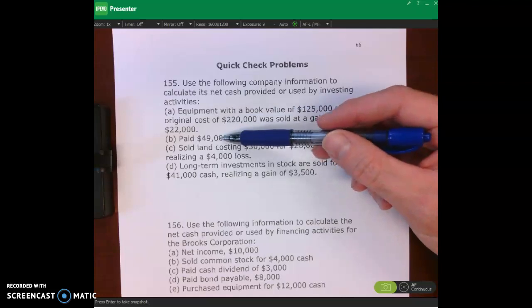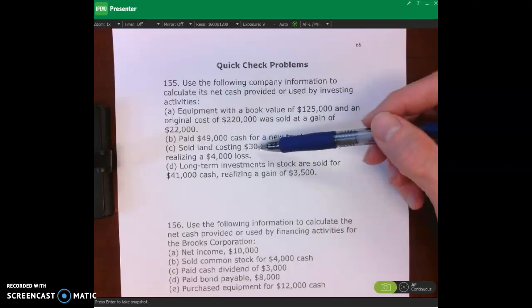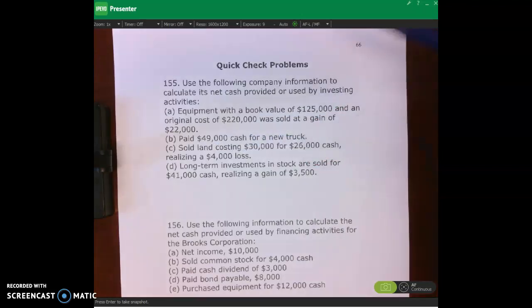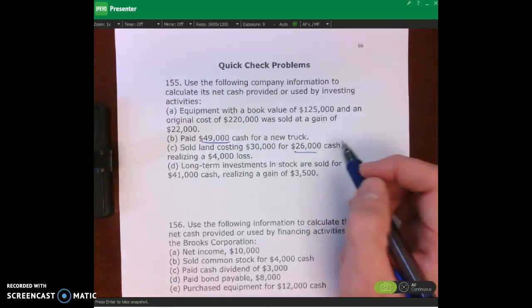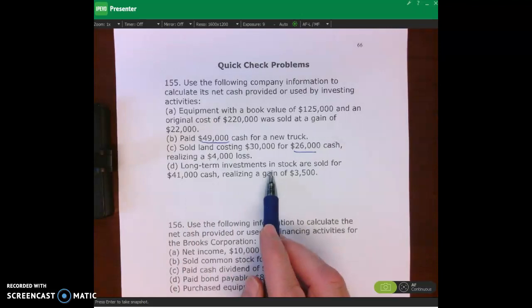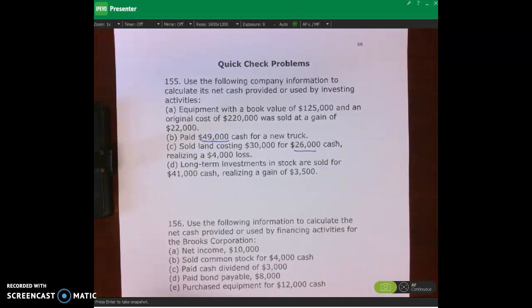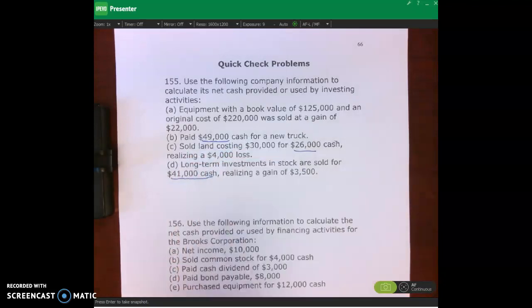Paid $49,000 cash. You can see the effect on cash right there. Sold land costing $30,000 for $26,000 cash. You can tell right away that's what we're dealing with, right? Long-term investments in stock are sold for $41,000 cash right there.